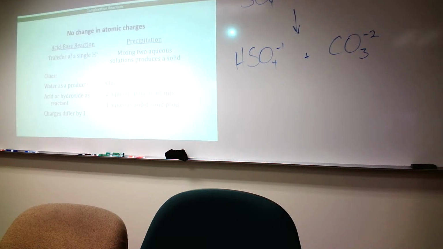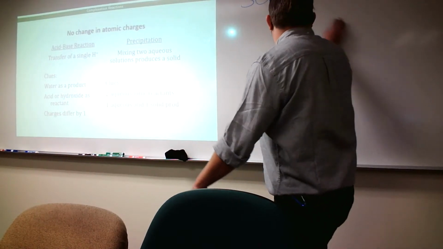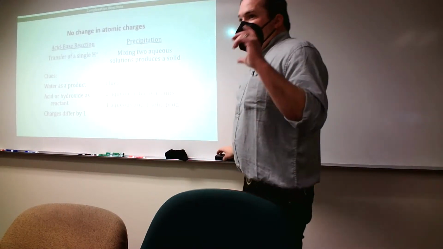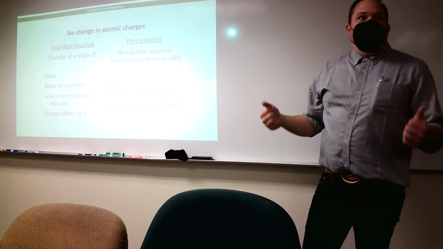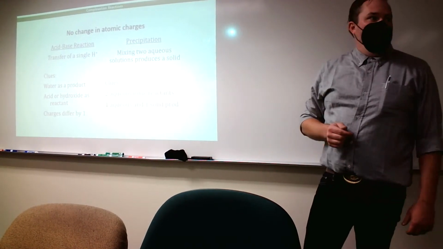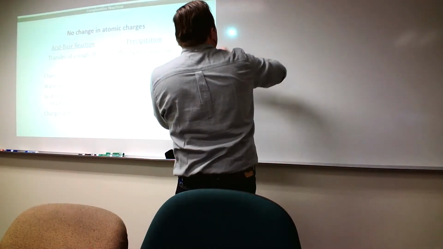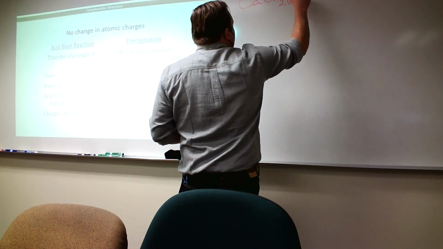Precipitation reactions look a little different on paper, but again, you're still going to be able to recognize the same ions on both sides. So precipitation reactions are probably the easiest reaction type to recognize because they're very, very specific. You mix two aqueous solutions together and you make a solid ionic compound. Right, so, for instance, calcium chloride, aqueous.